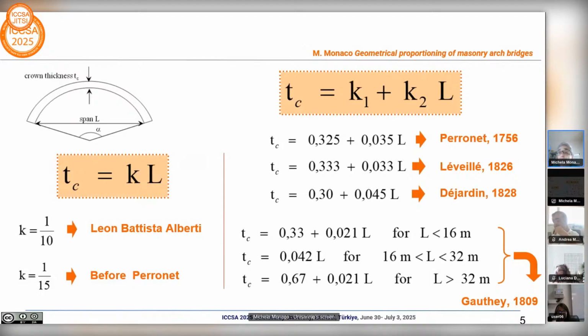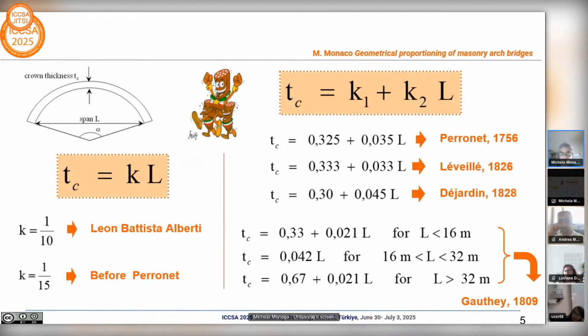But we have to wait until Gothi, the last ones, to have distinct relations for distinct ranges of spans, because in general the linear relations give very large thickness in case of large span. So they are safe, but not able to represent a good structure, because the thickness at the crown is too high.